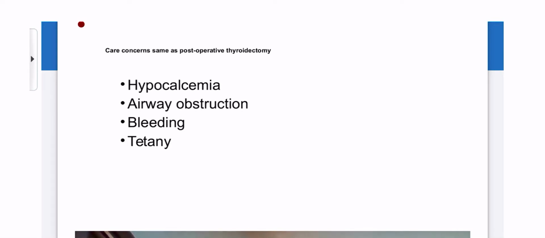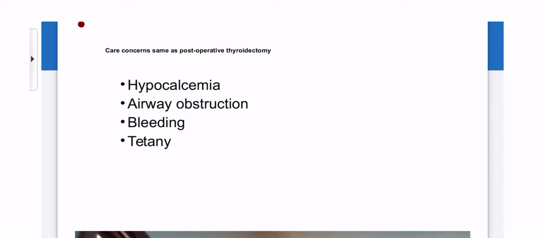If you're trying to think like a nurse, your care concerns are going to be the same as the post-op thyroidectomy patient. So we are assessing the patient carefully for hypocalcemia. That's your Chvostek's and Trousseau's sign. We are very concerned about airway obstruction because we've got an incision right here.